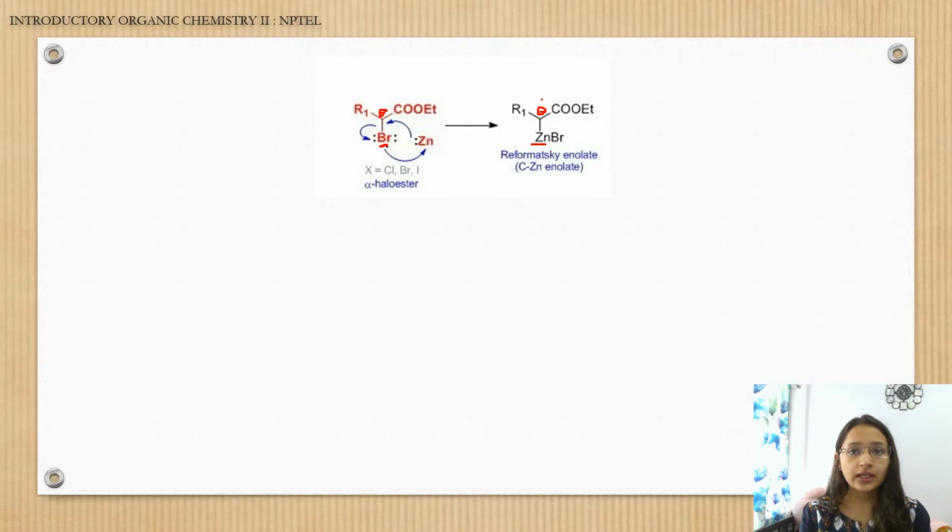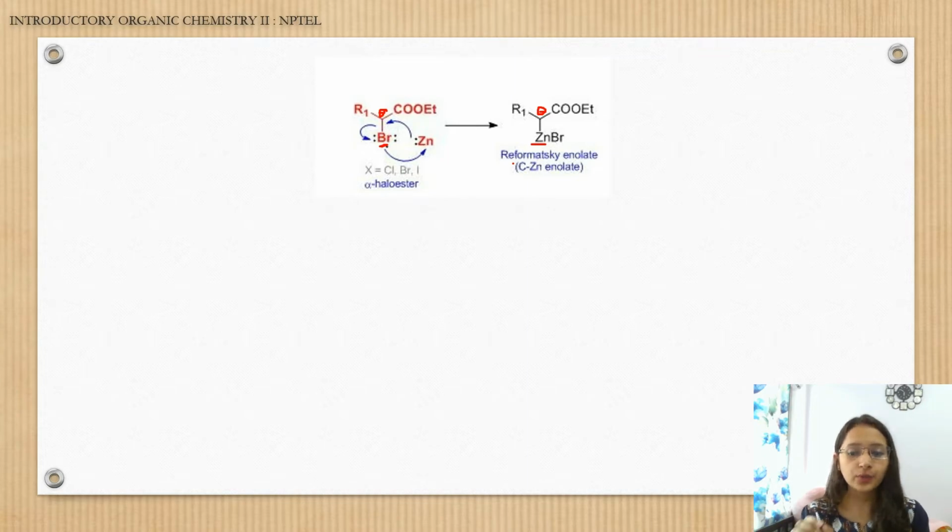Now this enolate is stabilized and is known as the Reformatsky enolate rather than the lithium enolate, because the anion does not have lithium as a counter ion.